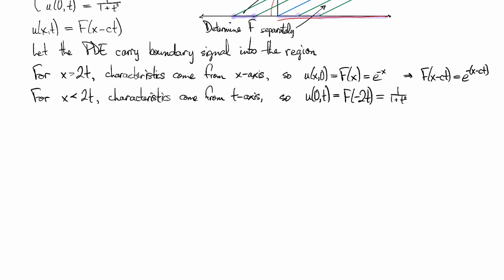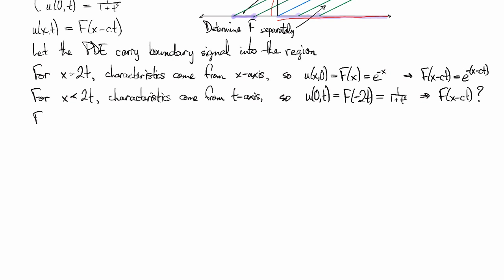All right, so well, now what? Okay, so we've got this, but it's not totally clear what f of x minus ct is at this point. So let's figure out what we need to do.